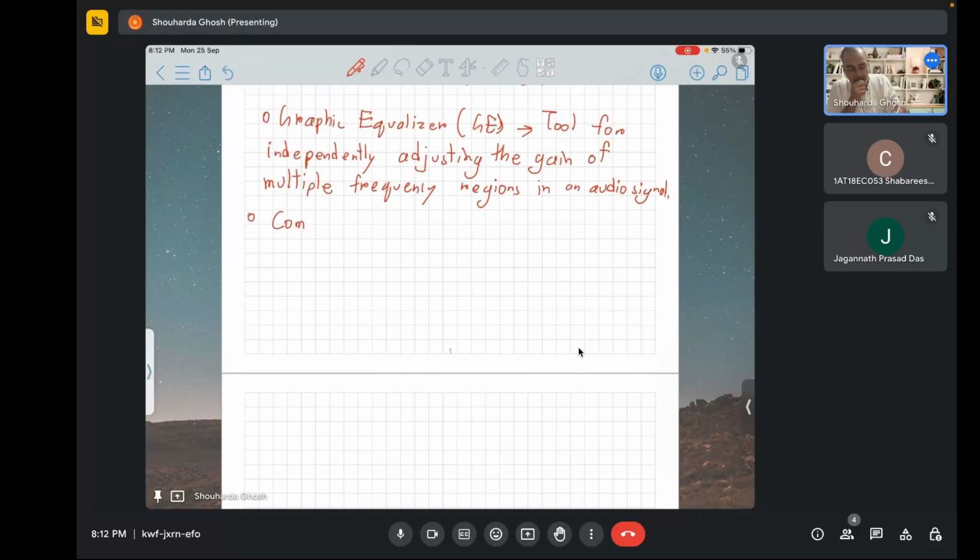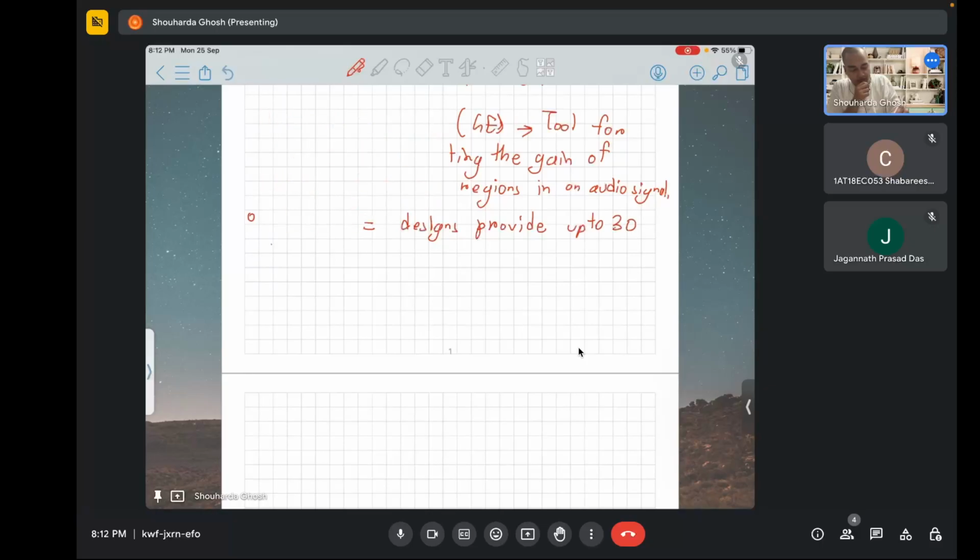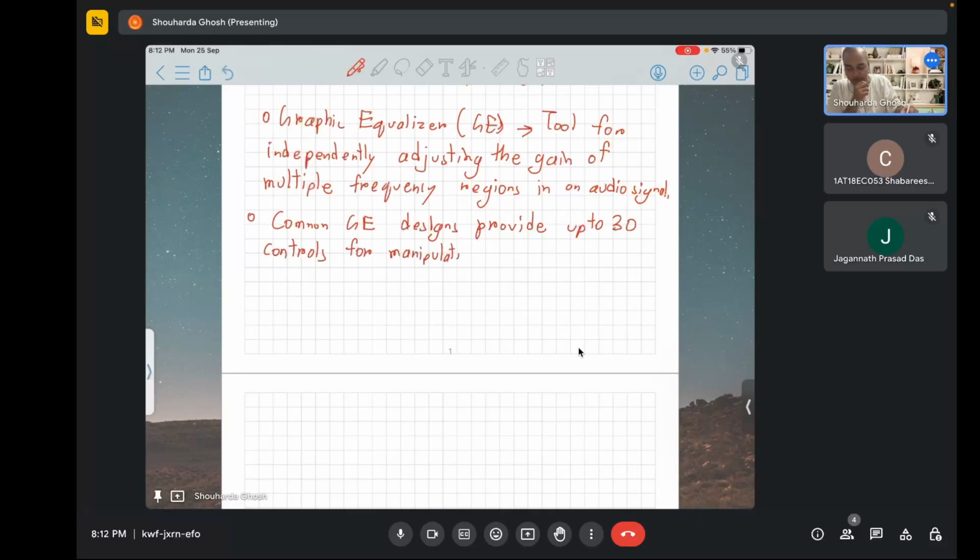Common graphic equalizer designs provide up to 30 controls for manipulating the frequency response of each audio channel.